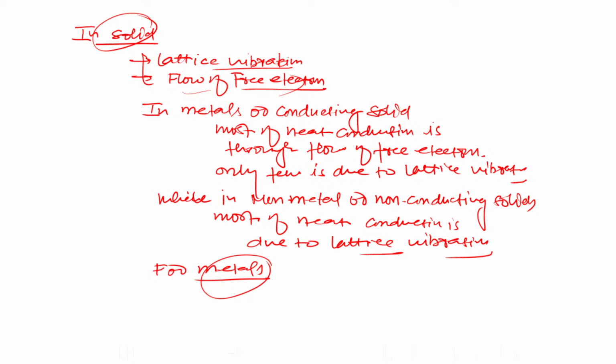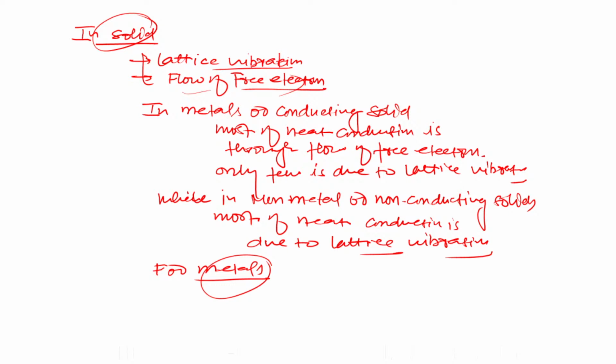So for the case of metals, as temperature increases, the thermal conductivity decreases. You can write it in your own language: as temperature increases, molecules start to vibrate more violently, and that restricts the flow of electrons.